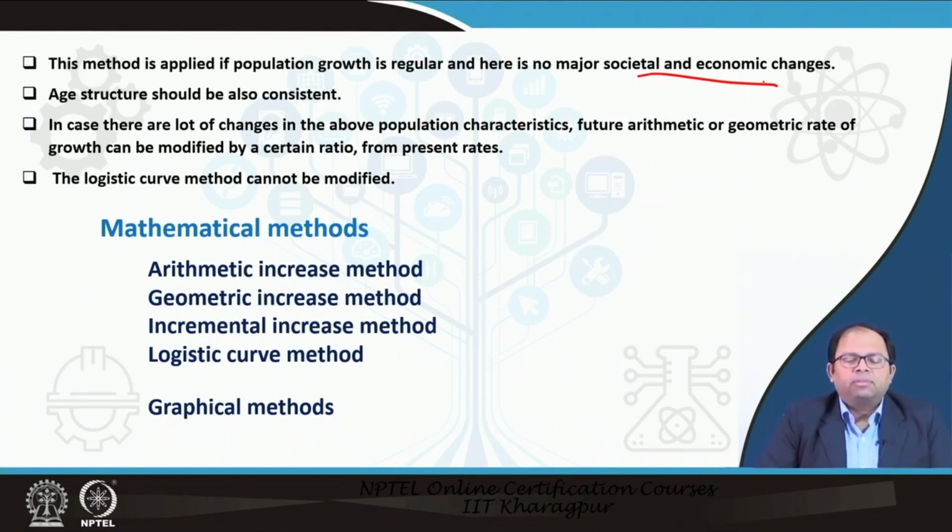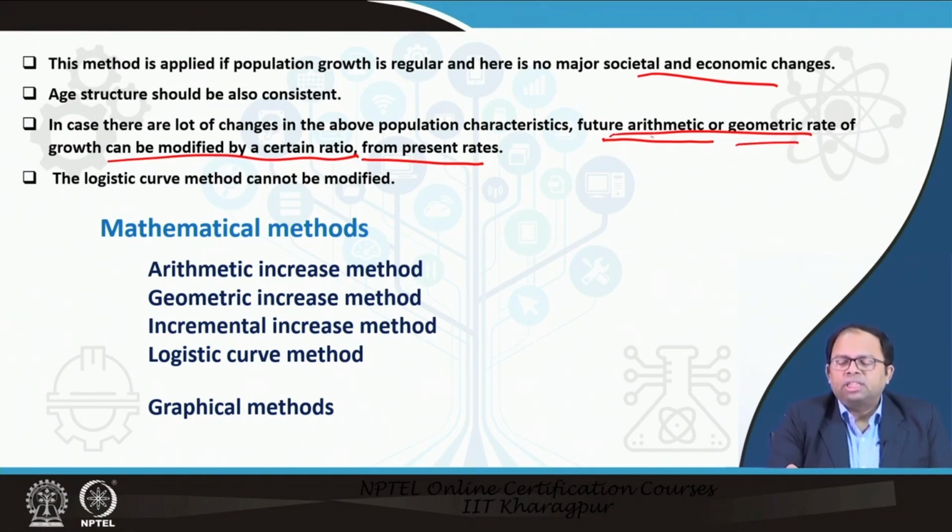In case there are a lot of changes in the above population characteristics, the future arithmetic or geometric rate of growth can be modified by a certain ratio from present rates. That means, if we feel that there will be a lot of change in the population characteristics in the coming years, we can, instead of using direct rates, use the future arithmetic or geometric rates that will be explained in the coming slides.